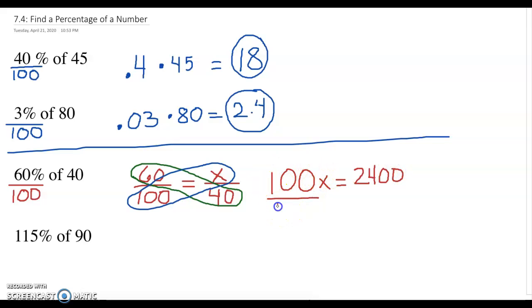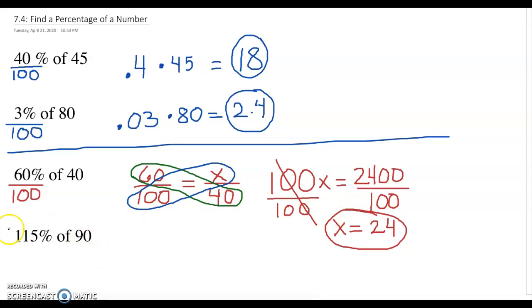I'm going to put it over itself, 100 divided by 100, so it can cross out. We do it on one side, we've got to do it on the other. And now we have x equals 24. There is your answer.